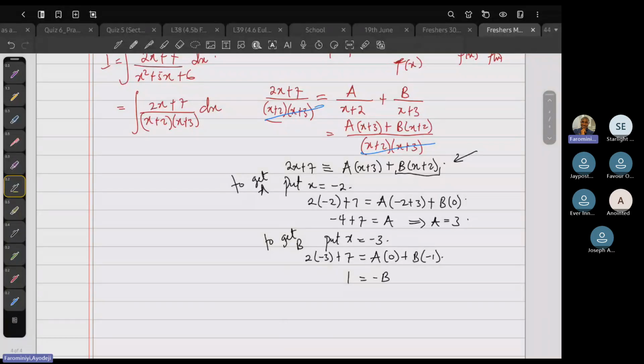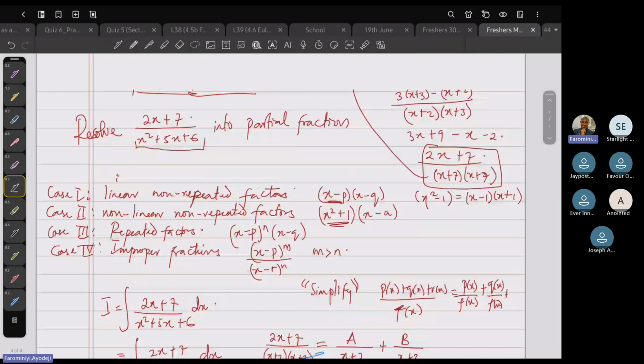That means B equals -1. So that means our (2x plus 7) over (x plus 2)(x plus 3) is equal to 3 over x plus 2 plus minus 1 over x plus 3.